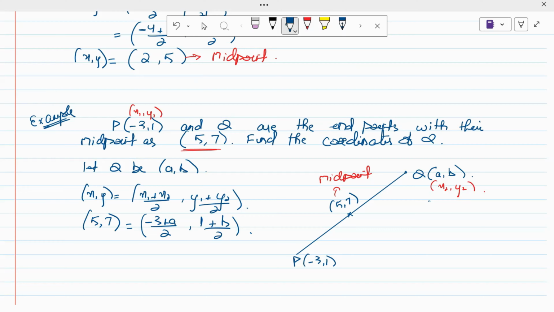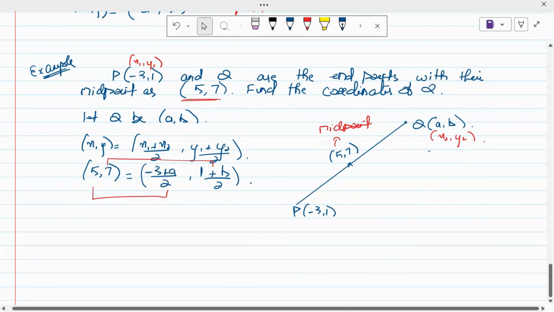Now, an important thing to remember: when we have two points equal, we can always compare their respective coordinates. Comparing means we compare the x coordinate on the left with the x coordinate on the right, and the y coordinate on the left with the y coordinate on the right, giving us two different equations.